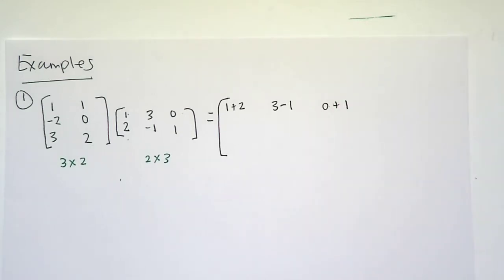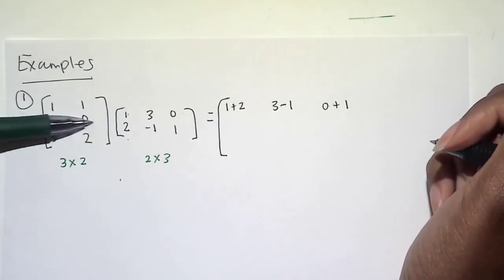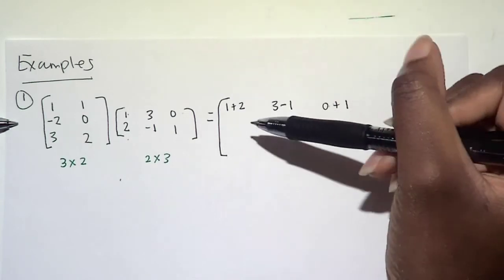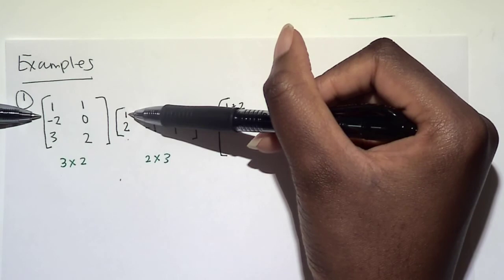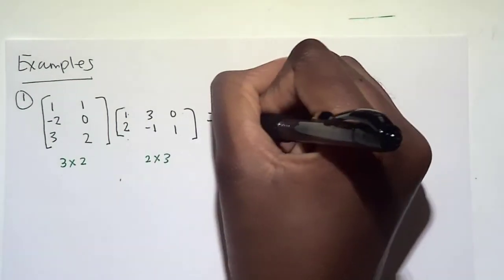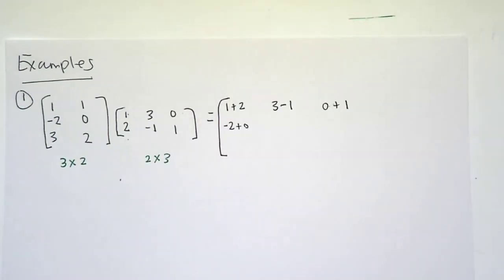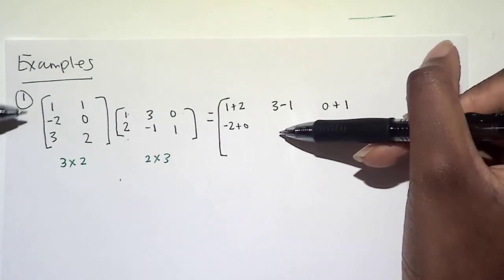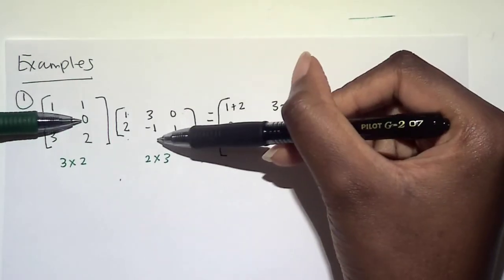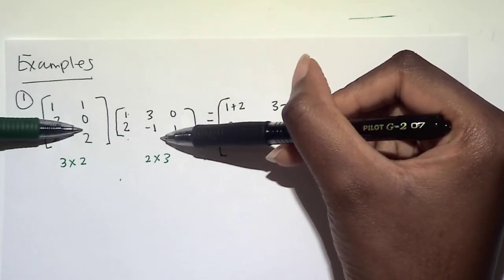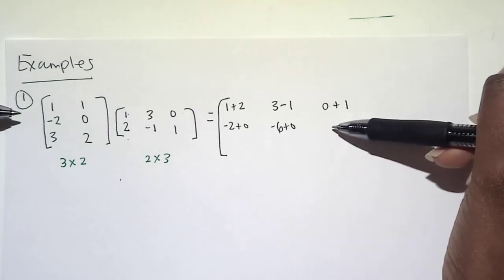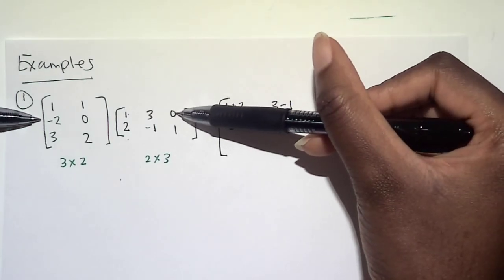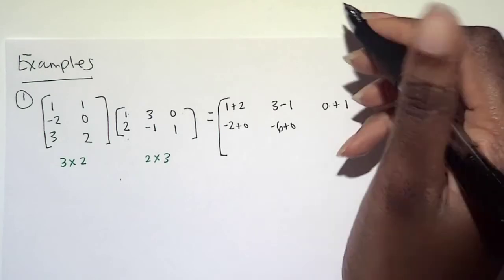As you can see, this is a very long, tedious process. Now we're going to move on to the second row of our first matrix to get this position here. Second row, first column, -2, 0. If I want this one, second row, second column, this is -6, 0. Last part, 0, 0.